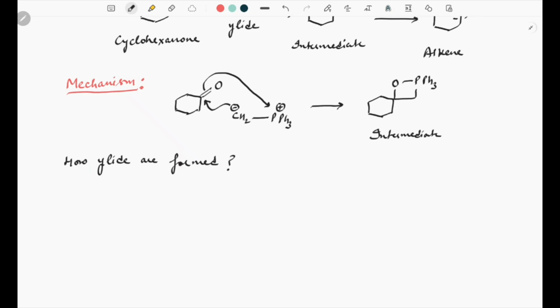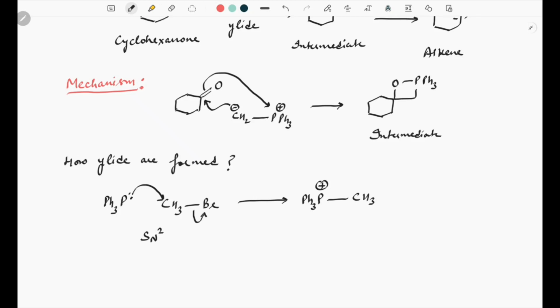So, the answer to this question is quite simple. Ylides can be formed by starting from triphenylphosphine, and let us say we have started with methyl bromide. In this case, an SN2 reaction takes place which results in the formation of this product.